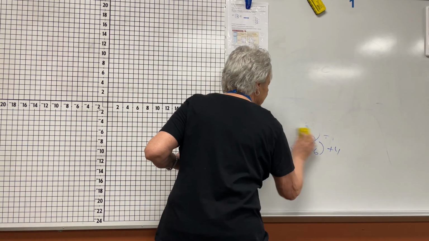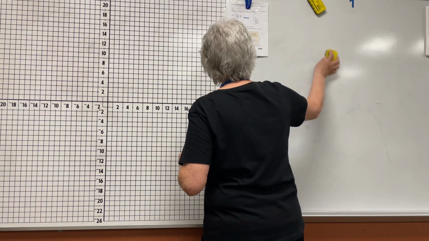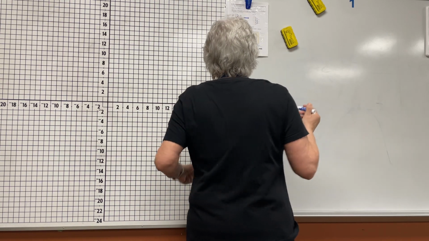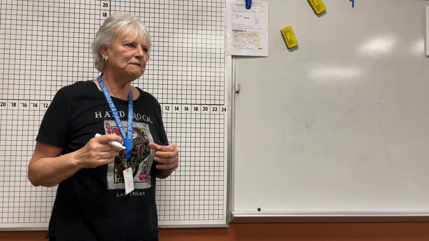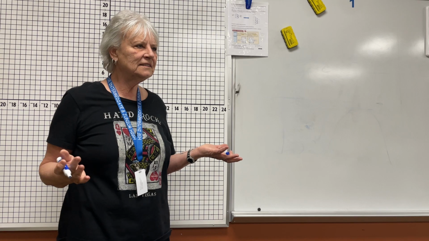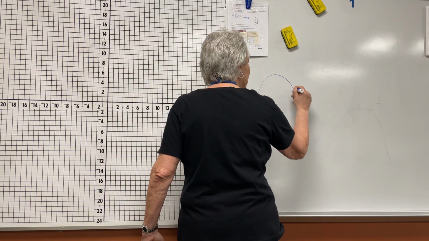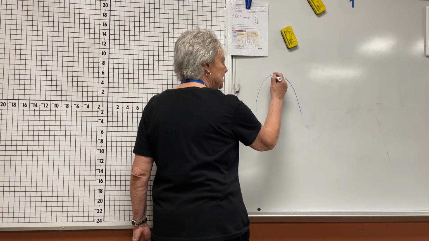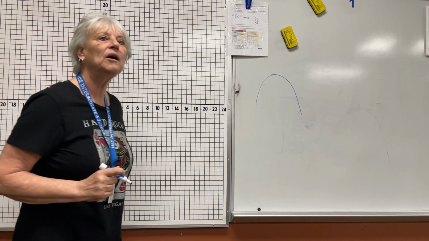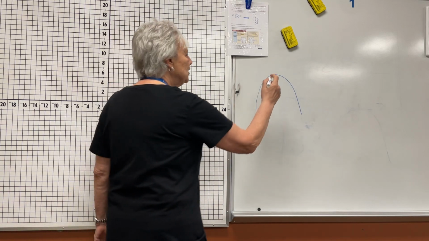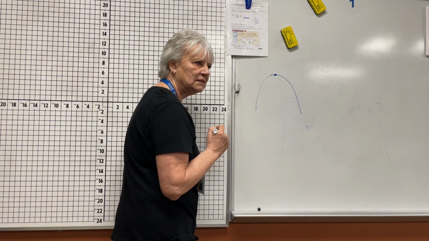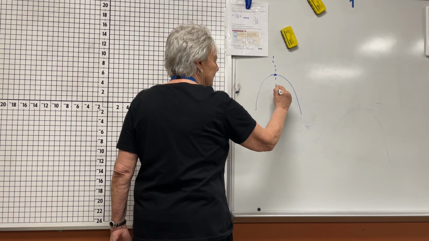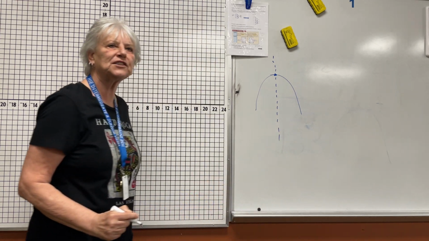Okay, the vertex. Anybody know what a vertex is? On a parabola, the vertex, in this case, is the highest point. It is also in the middle. And it has an axis of symmetry.